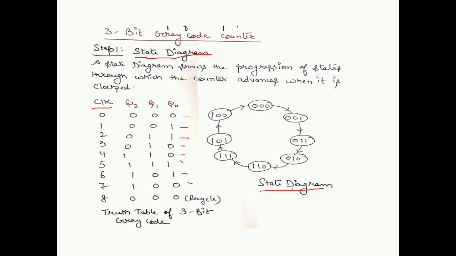State diagram is nothing but the representation of the next value with the help of truth table. So you can see it over here, starting from 000, then we have 001, 011, then 010, 110, 111, 101, 100 and once again the recycle condition. So this is how you can design the state diagram of any random truth table.